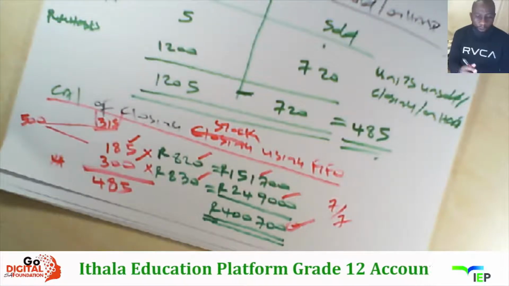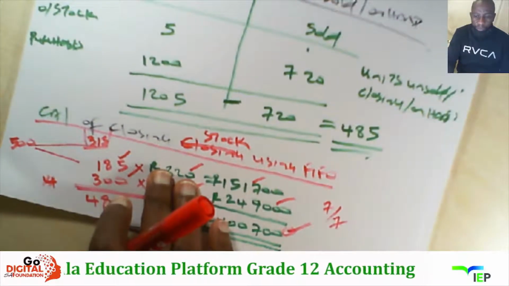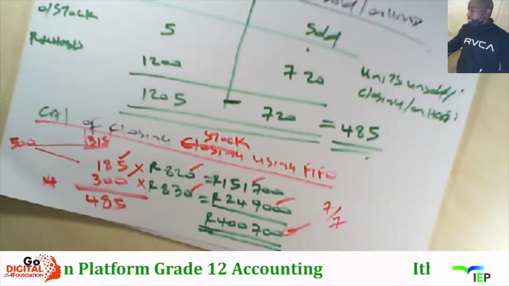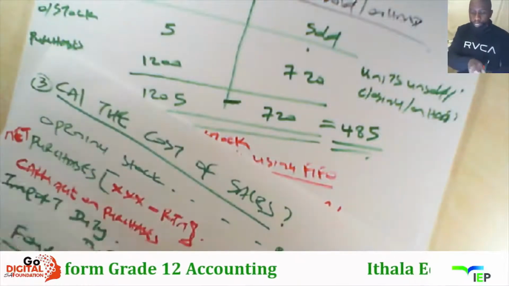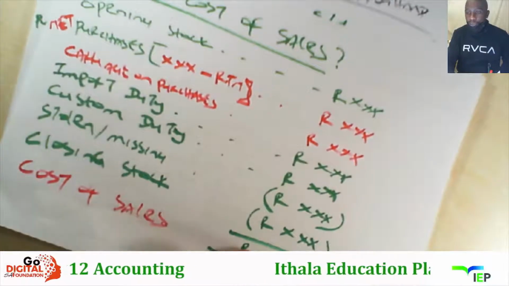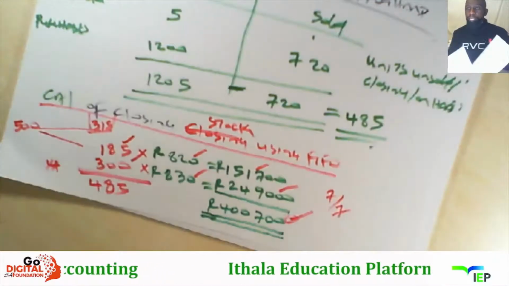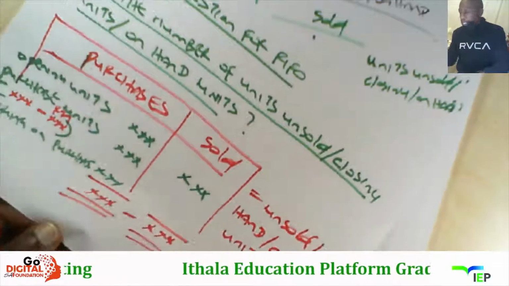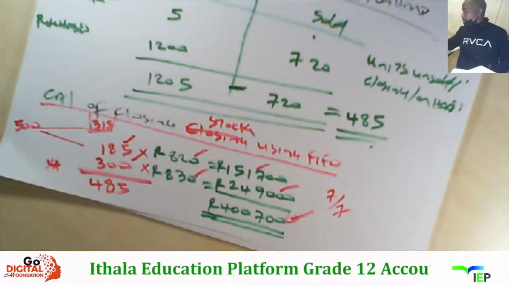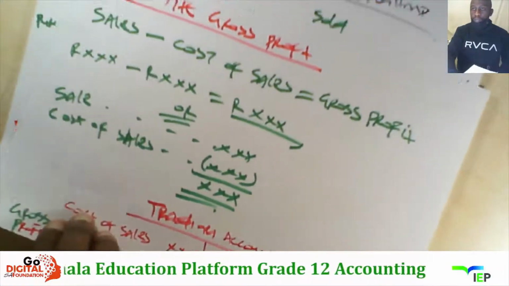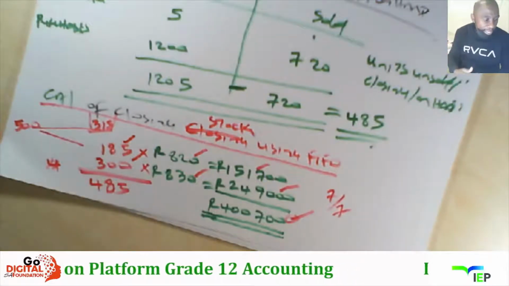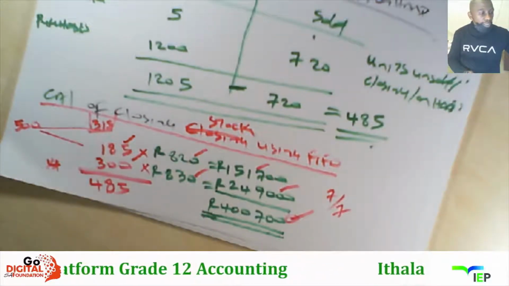Now the following question is gross profit. Remember I said in question 3 you are calculating the cost of sales, and then question 4 will be gross profit. It's one and the same thing, but now it builds on the cost of sales.